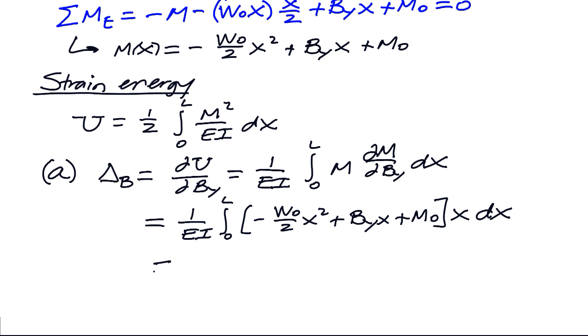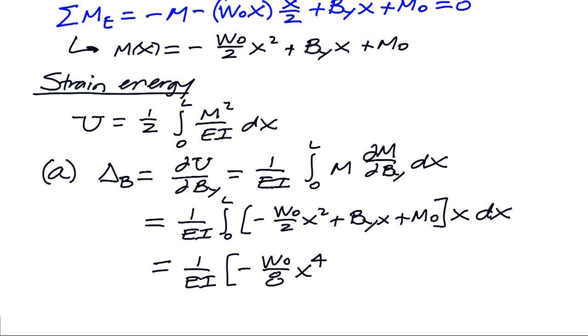So if I carry out this integration, I have x squared times x, so that's an x cubed. So that's going to be equal to, there's going to be an x to the fourth, which comes out of this. So this is W naught over 8 x to the fourth.